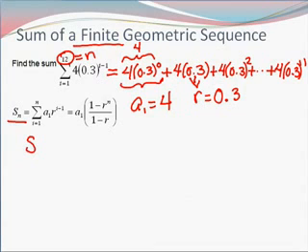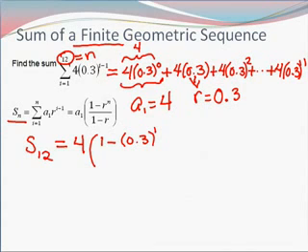So S sub 12, that's telling us that we're looking at a 12-term sum, is equal to 4 times 1 minus 0.3 to the 12th power divided by 1 minus 0.3.